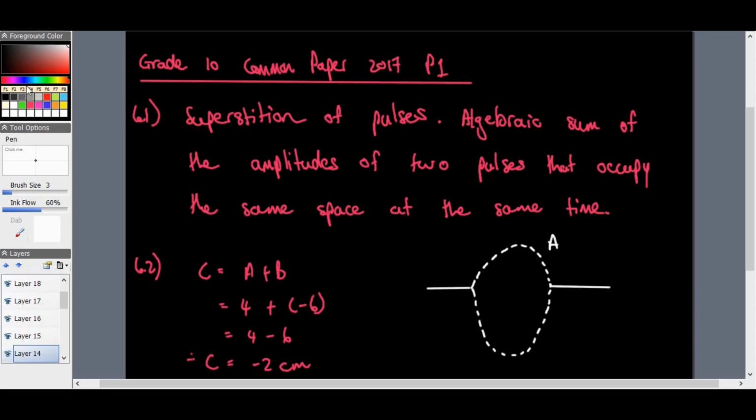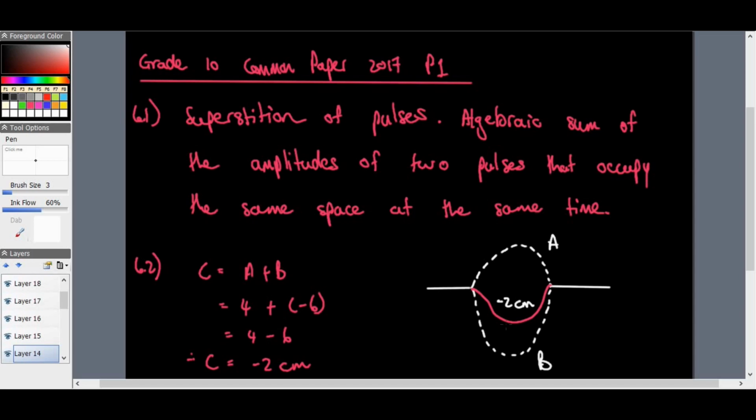And then the other one I'm going to draw in maybe another color, in a solid line. There we go. That's pulse C, and this one's pulse B at the bottom, and this is obviously -2 centimeters. So as a result of these 2 meeting in the middle, we get this little one here. Obviously your one will be a bit more accurate than mine. Mine's very hard to construct for now.